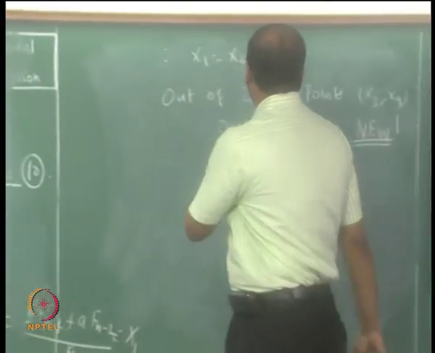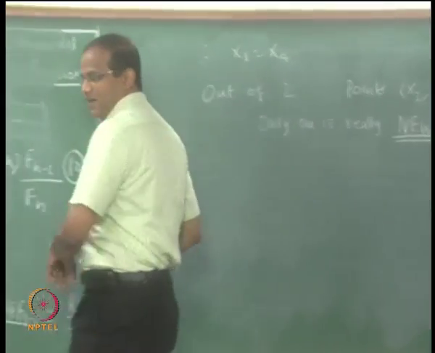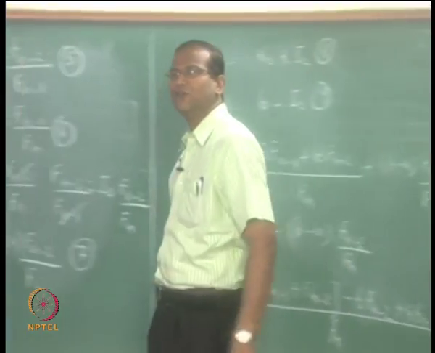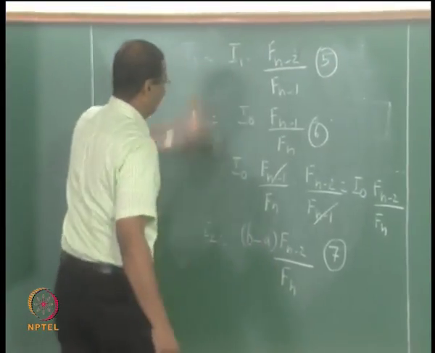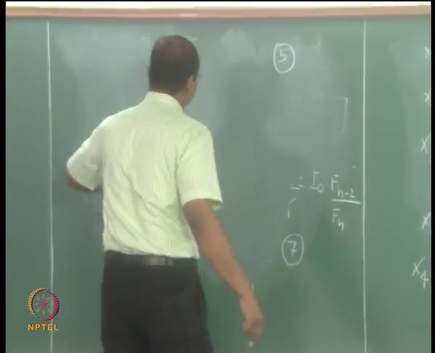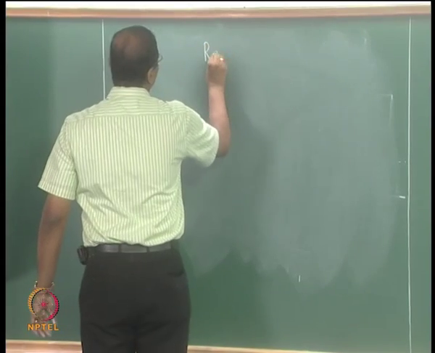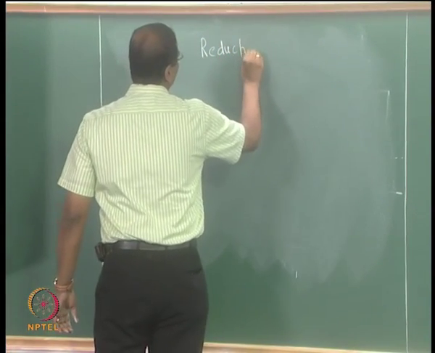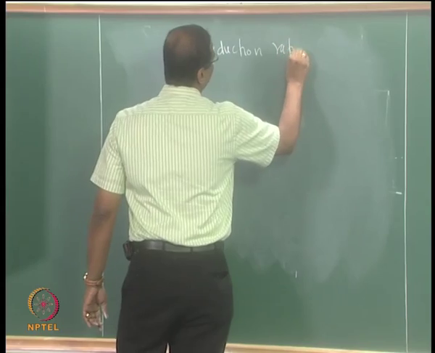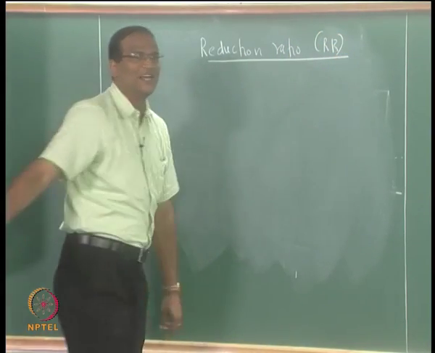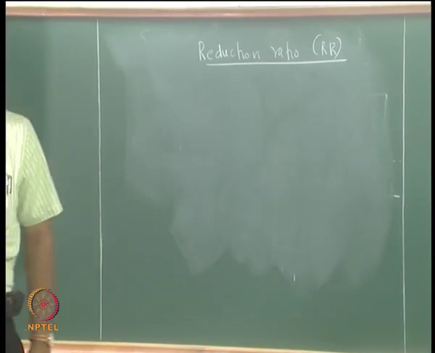So what is the reduction ratio of the Fibonacci search method? What is the RR of the algorithm?